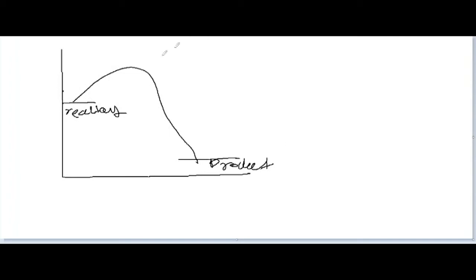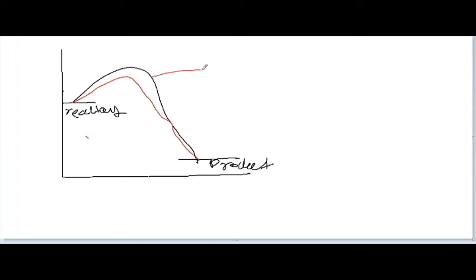So what happens is, after addition of a catalyst to this reaction, it shows a different path with low activation energy.